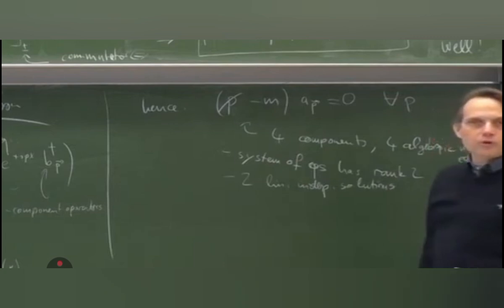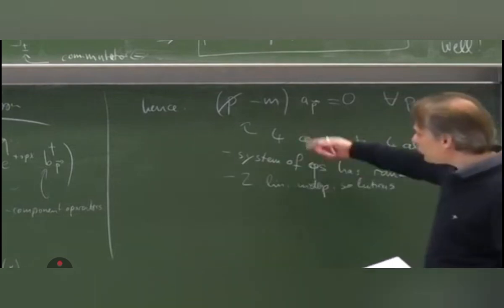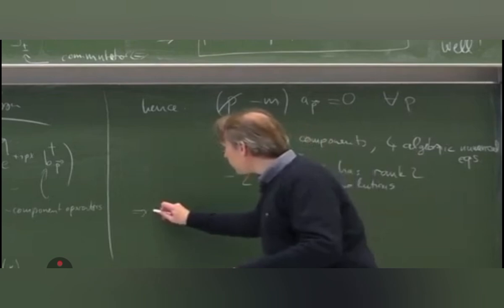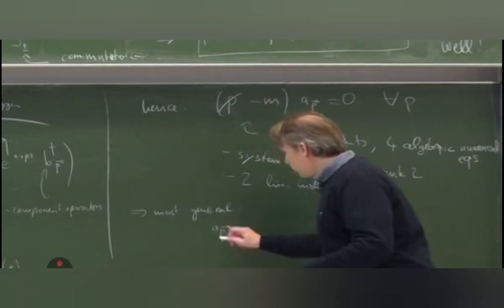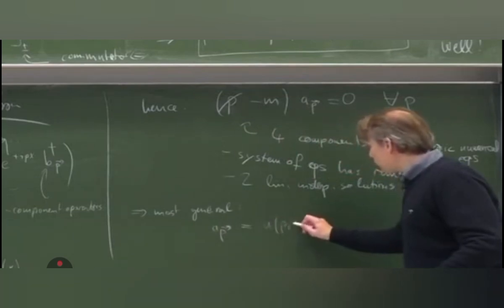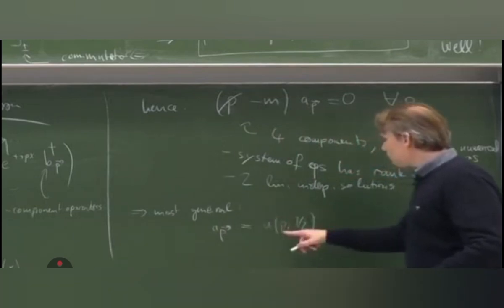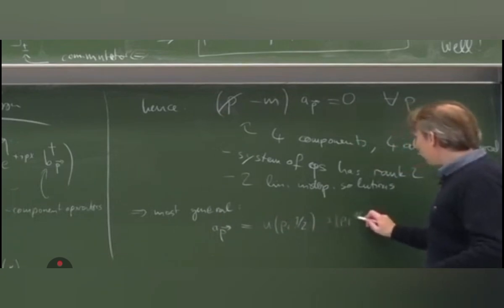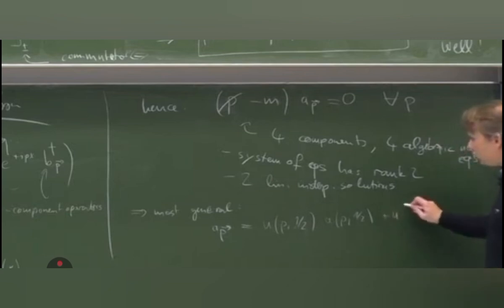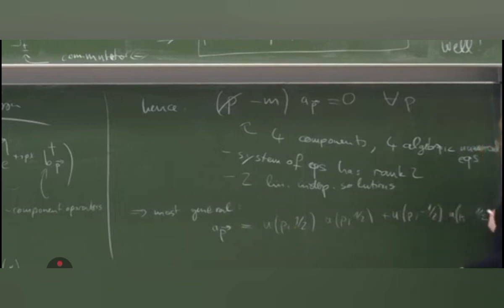These are our u of p spinors. They satisfy this, and so, using that knowledge, the most general ansatz for the operators is the following. This a of p must be writable as one spinor, u of p, plus 1/2, times some operator a of p, plus 1/2, plus u of p, minus 1/2, times a of p, minus 1/2.